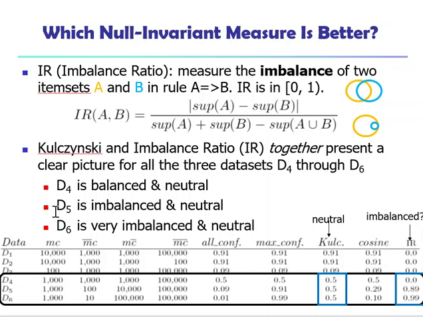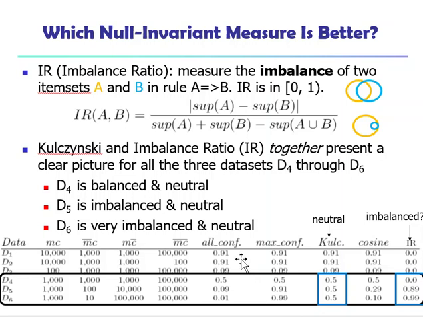So having that understanding of how those three data sets carry the information, D4 is balanced and neutral, D5 is imbalanced and neutral, and D6 is very imbalanced and also neutral. And you can look at this all confidence and max confidence. You can see the values are very different.